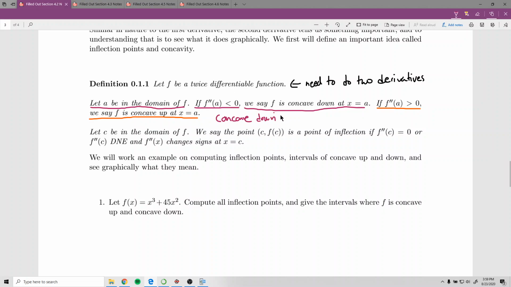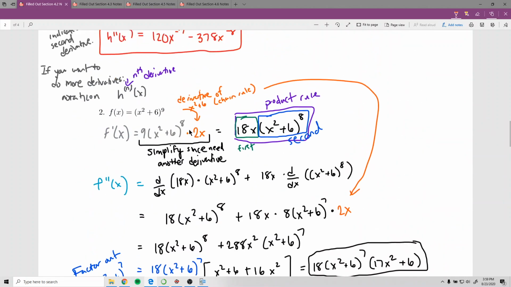That's like decreasing for the first derivative. And concave up is like increasing, second derivative is positive. So just drawing comparisons.